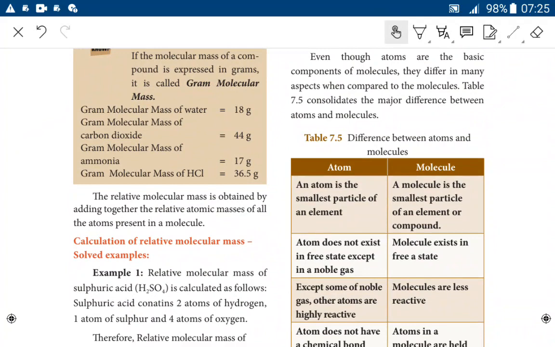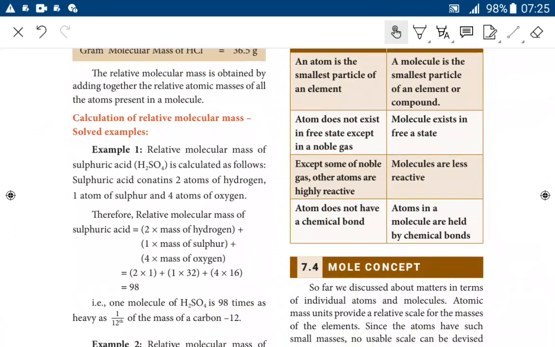Atom cannot exist in free state. And there are some atoms which can be highly reactive compared to noble gases, but molecules are less reactive. Atom does not have chemical bond, but molecules are always combined, having strong force between the atoms.